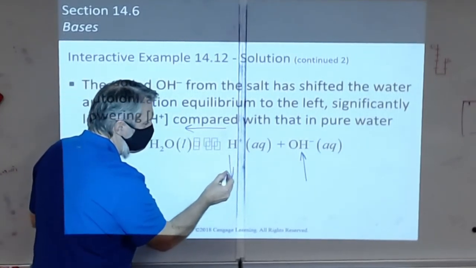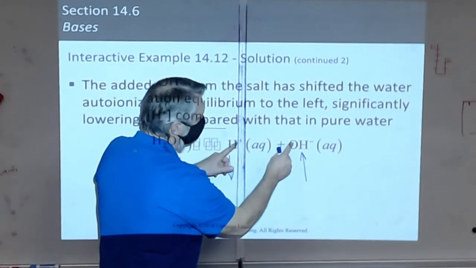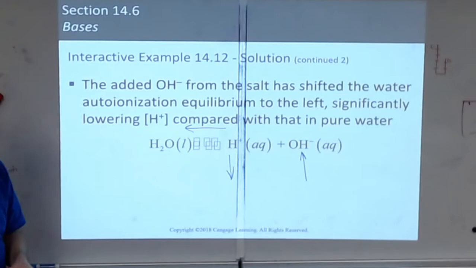It decreases. That's why you have this relationship that Kw is 10 to the minus 14th has to do with these two concentrations. Okay? Make sense? All right. So again, Le Chatelier's principle comes back into play.